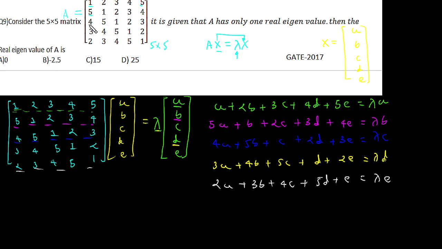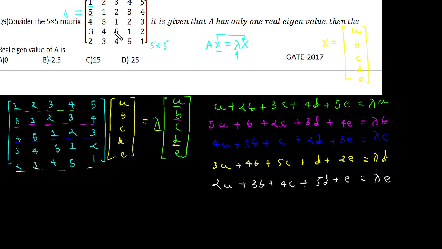Now if we sum all the entries in the first column, we have 5 plus 1 is 6, plus 4 is 10, plus 3 is 13, plus 2 we get 15. In the same order, if we add the 5 entries of each column, we again get 15 here, also 15 here, also 15 here.